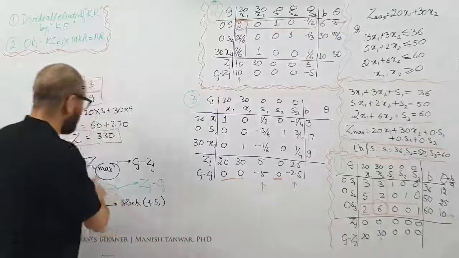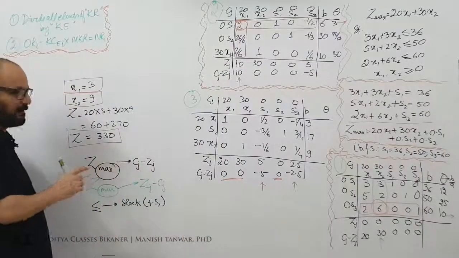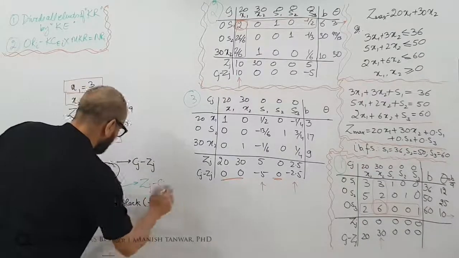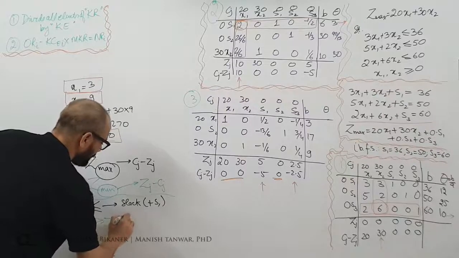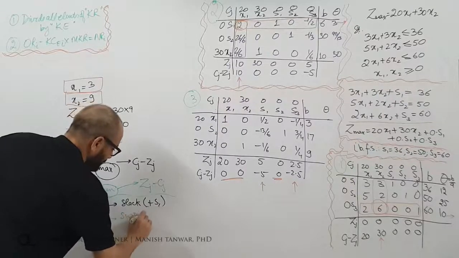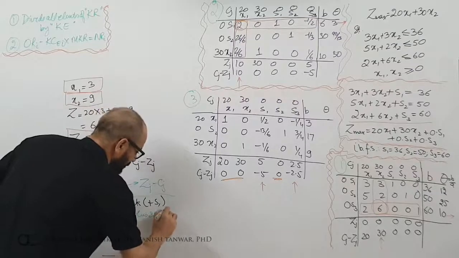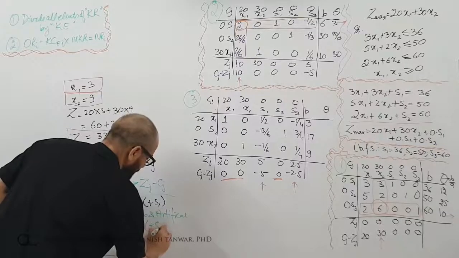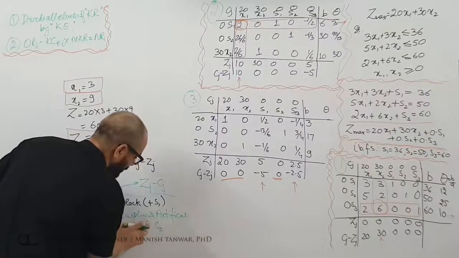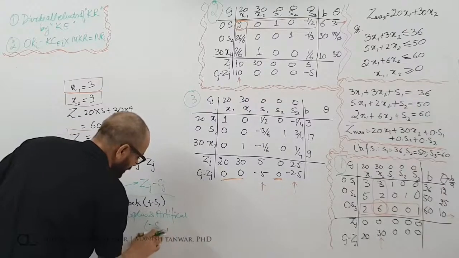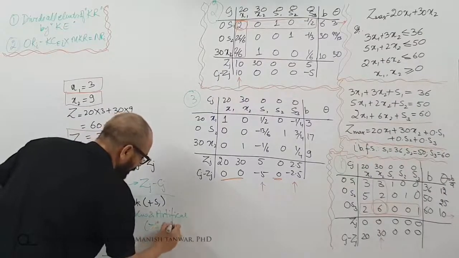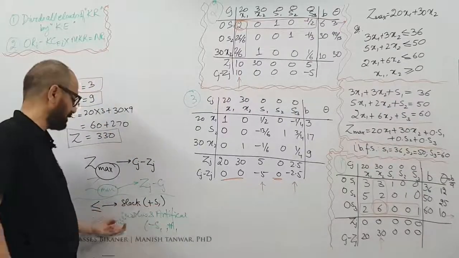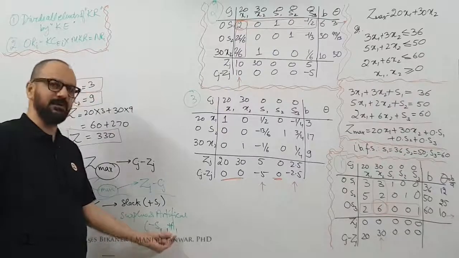Now, we saw that max is doing Cj minus Zj, min will do Zj minus Cj. So, these are not connected. And what will greater than do? Greater than will put a surplus and artificial variable, which will be represented by minus S1 and plus A1. So, slack is plus S1, surplus will be minus S1 and plus A1.